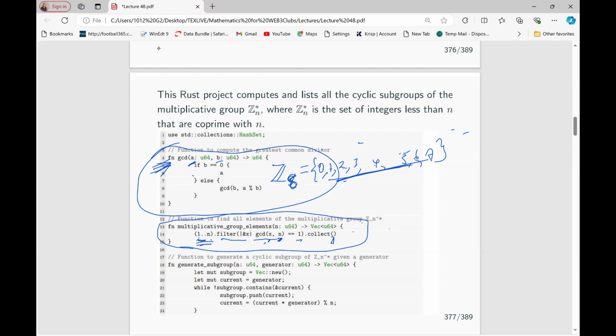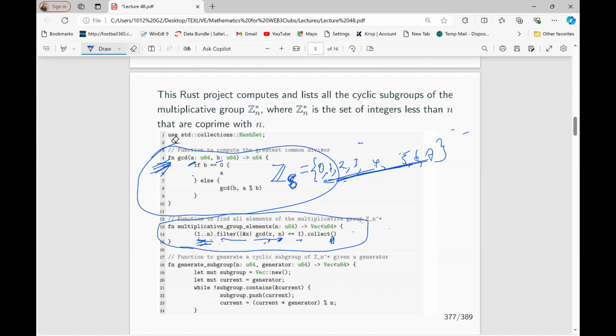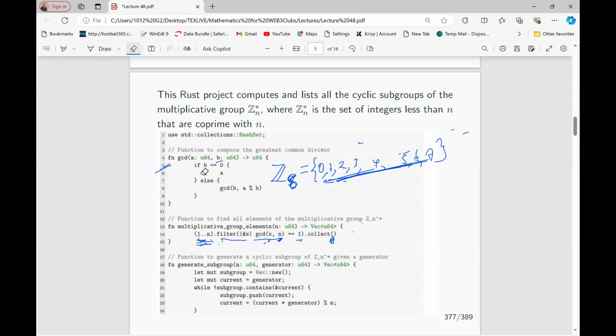And then this one will be picking from those: which numbers gave a GCD of 1, then store them here. That is what was true.